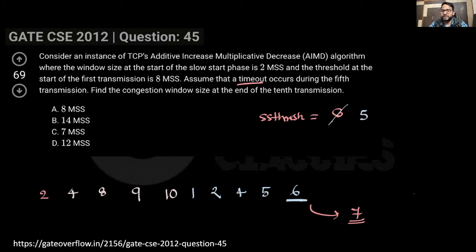You're getting my point, what I'm saying here? See, what is the transmission? The transmission is that you end sending, I mean, you have received the ACK also, that's called the transmission, right? So what we are saying, end of the 10th transmission, you are sending 6 segments in the 10th transmission.